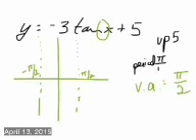What did it say I had to do? Move it up 5. So instead of hitting here like it normally does, it's going to go up 1, 2, 3, 4, 5 and hit right there. Is there a negative in front of it? Yeah, in front of 3.